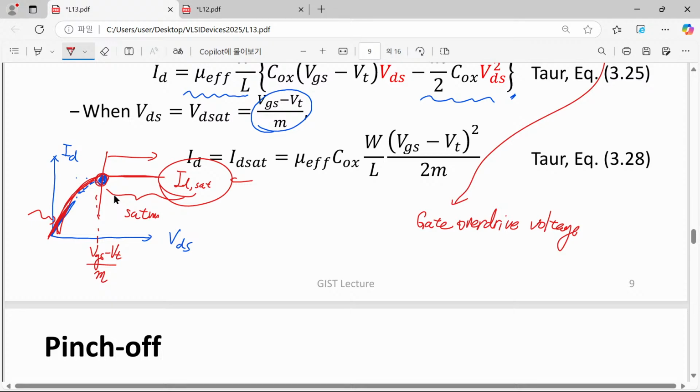Among them, the most important one is obviously the saturation current we can observe when gate voltage and also drain voltage are set to the maximum value VDD. So this is the one, and we call it the on current.